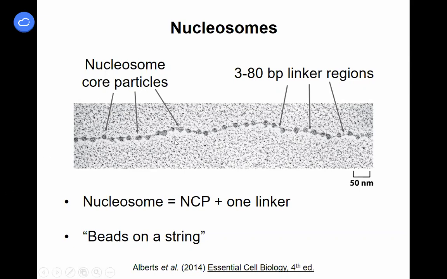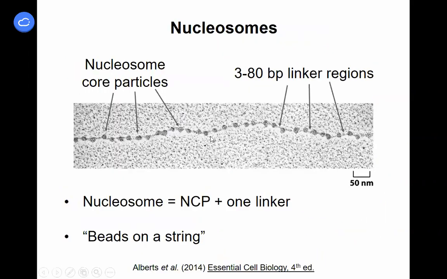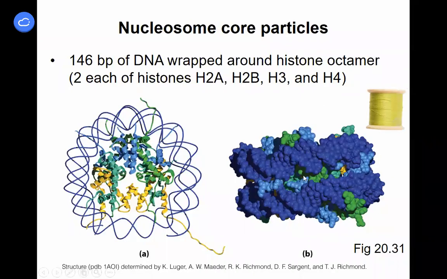And I expect when Dr. Heinemann comes, she'll refer to this as a nucleosome, because that's the way the word is used. But strictly speaking, if we want to be technical, the other DNA does exist. So a nucleosome consists of a core particle plus an adjacent linker. That's just a technical definition, but when people say nucleosome, they pretty much mean this.